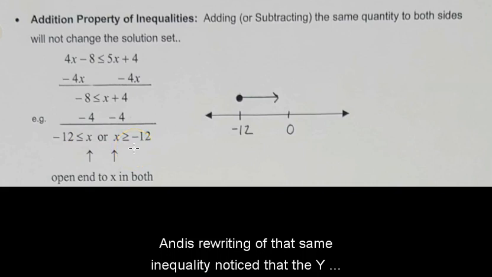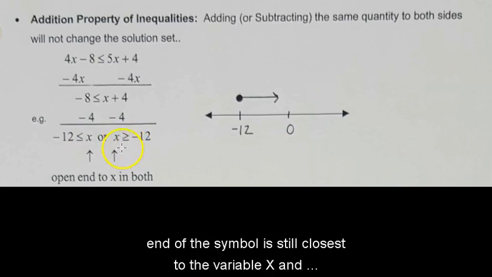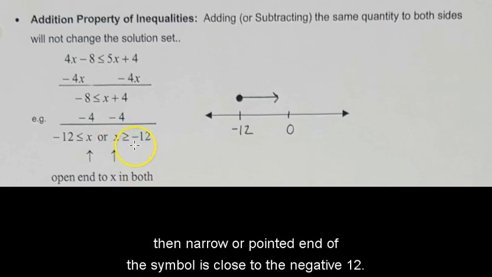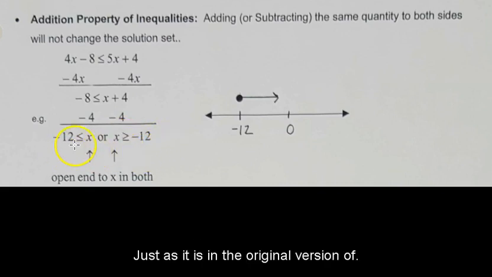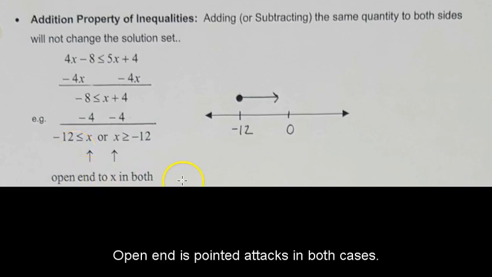In this rewriting of that same inequality, the wide end of the symbol is still closest to the variable x, and the narrow or pointed end is close to the negative 12, just as in the original version. The open end is pointed at x in both cases.